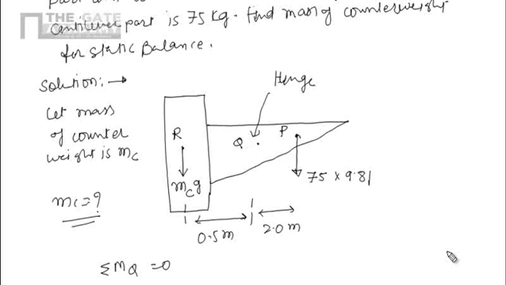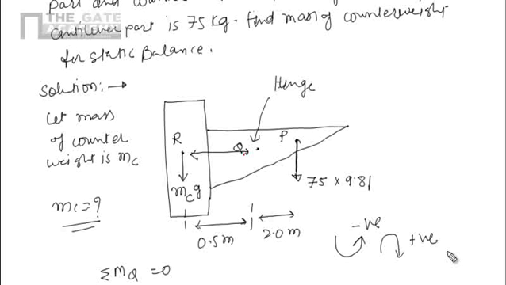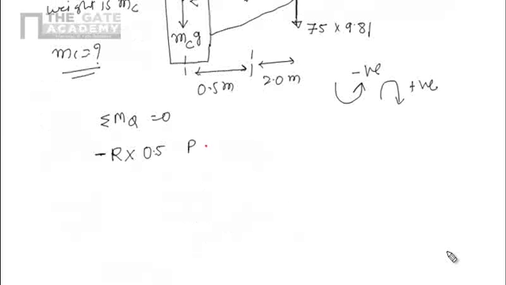If we see the moment at Q, the moment due to R will be R into the perpendicular distance 0.5, and it is in the anti-clockwise direction. Anti-clockwise is negative and clockwise is positive as per our sign convention.